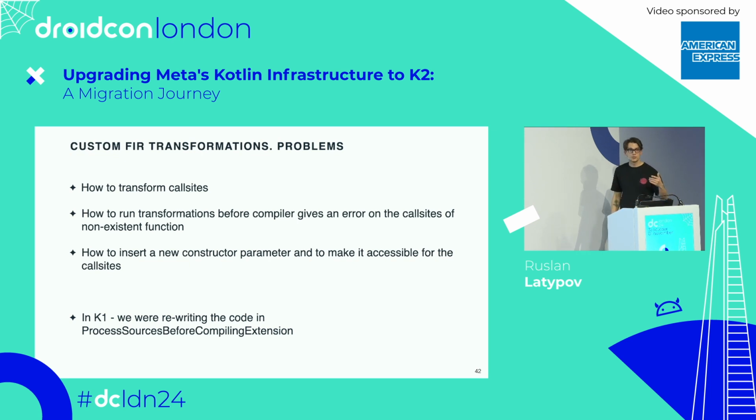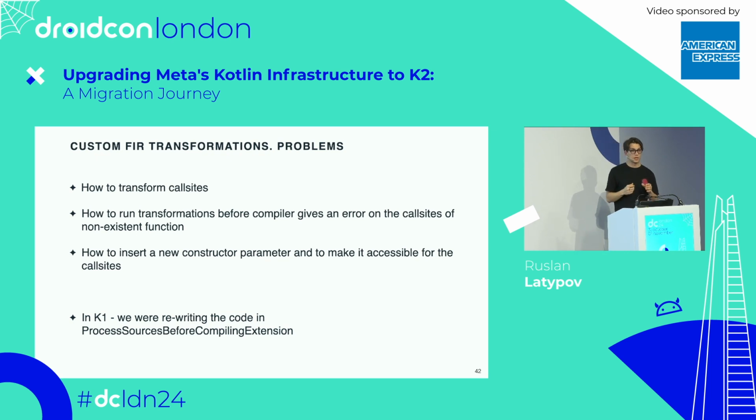So in order to implement it, we have the following problems. We need to transform the call site. We need to transform constructors and add new parameters. And we need to make these parameters accessible within the call sites.